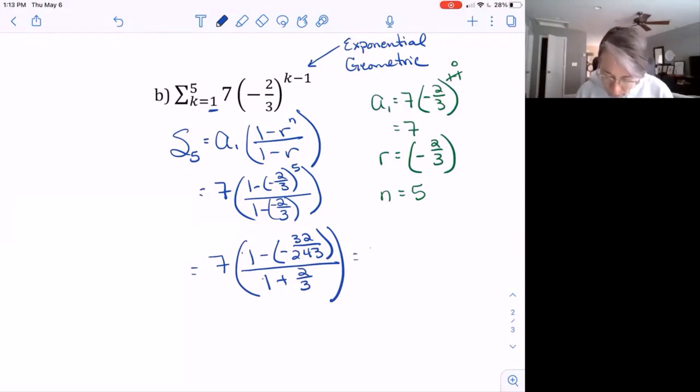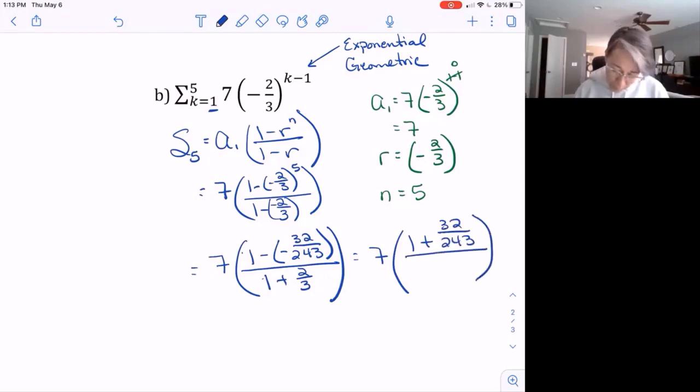So this would give us 7 times 1 plus 32 over 243 divided by, what would that be, 5/3? We added the tops and the bottoms together.